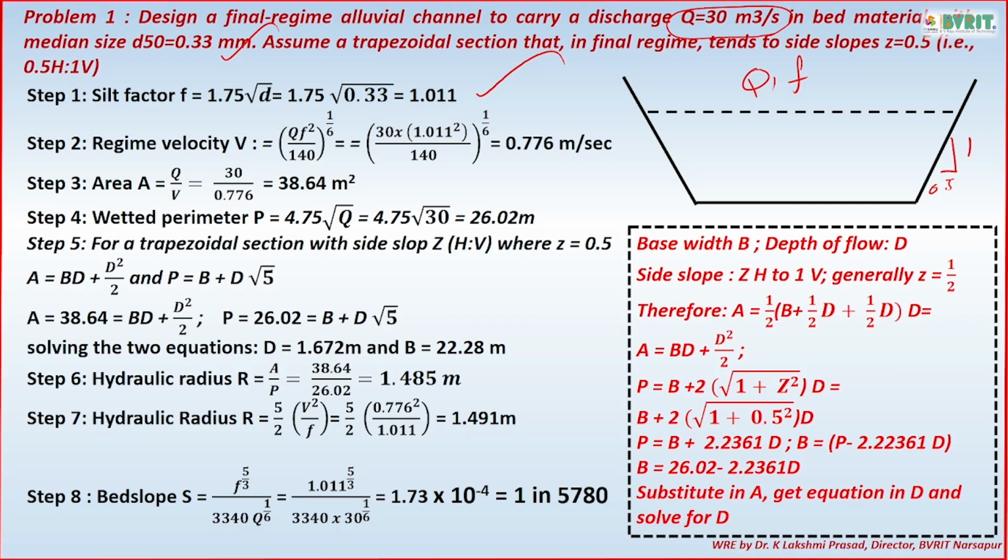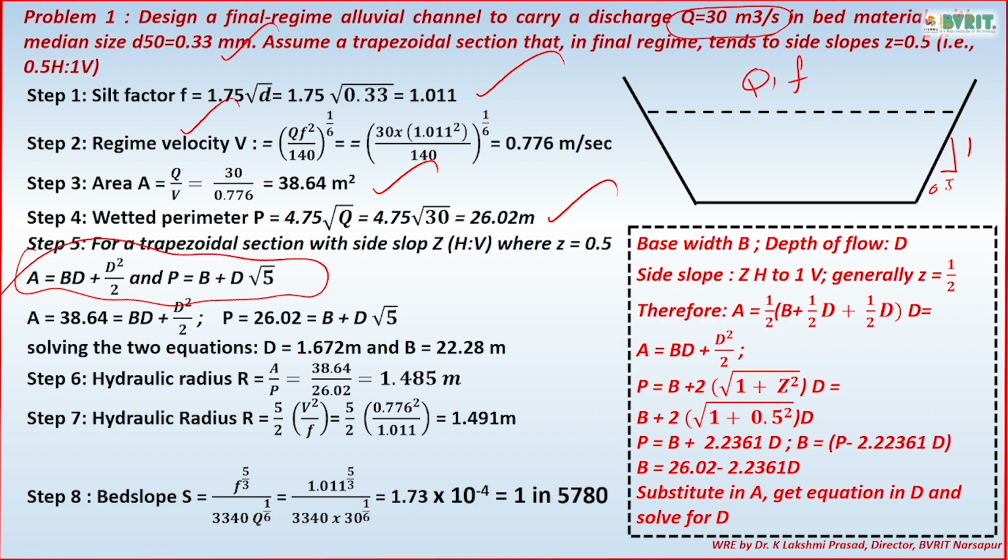Once the silt factor is found, find out the velocity. Once the velocity is found, find out the area. Once the area is found, find out the perimeter. Once the perimeter is found, these are the two equations for the trapezoidal section.